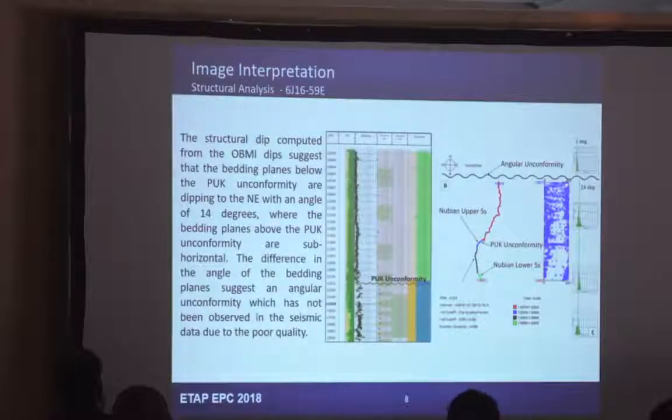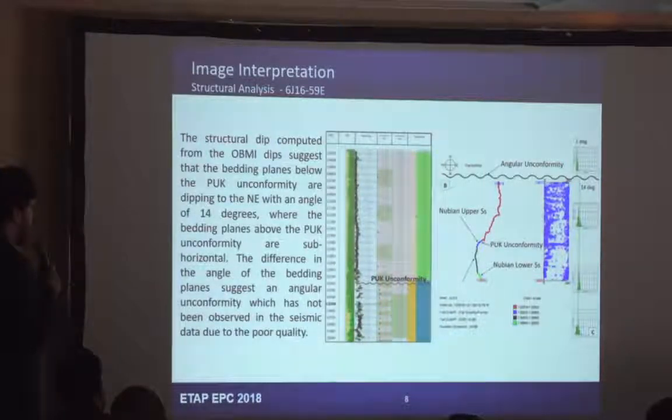So let's go deeper with the analysis, what we call here the structural analysis. As you can see here, the dip is clear below and above the BUK. What we call here is a tadpole plot. The direction here is dipping from the northwest to the northeast, above and below the BUK.